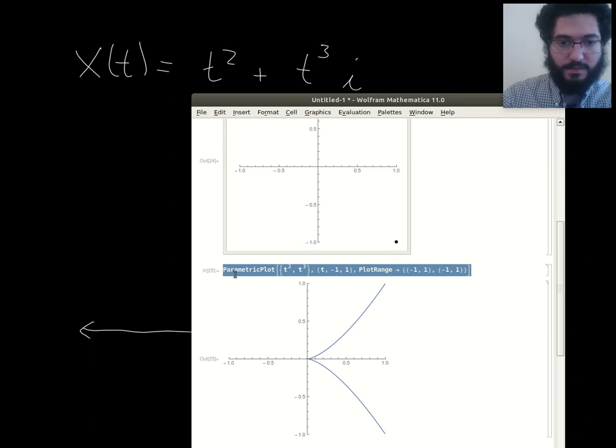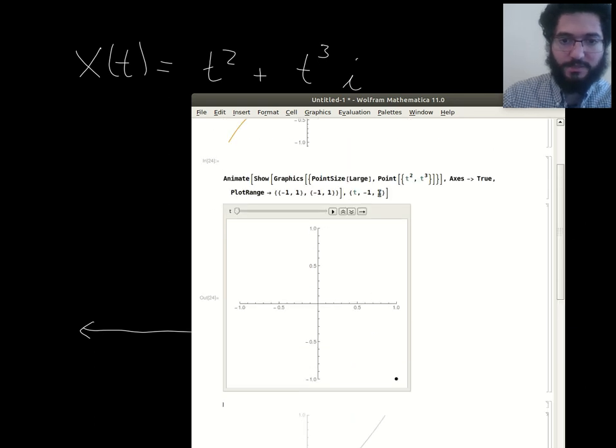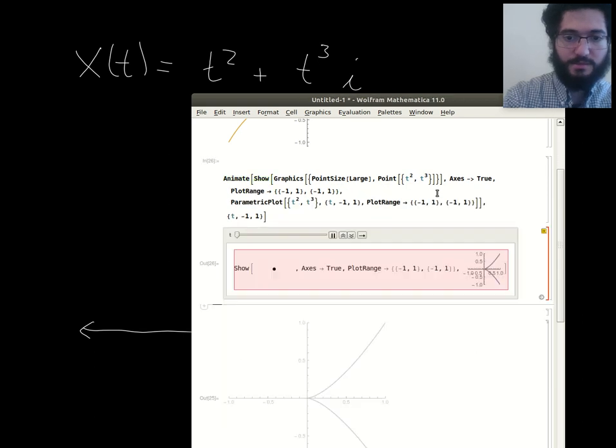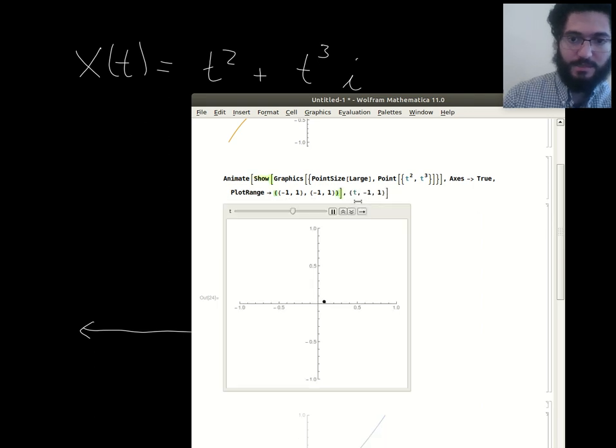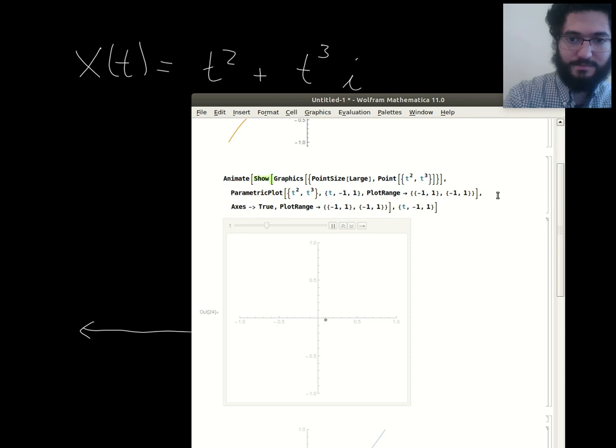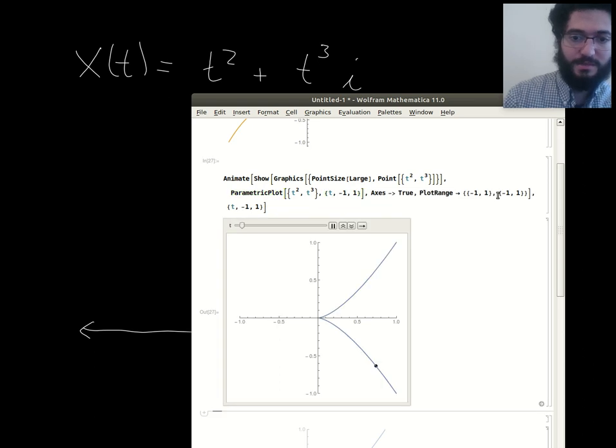And actually, I think I can just show this in the same picture with the animation, which would be nice. Maybe I need to put it here. Maybe I should not make a plot range demand on it also, since I make that outside. Yeah, there. So you can see it going along.